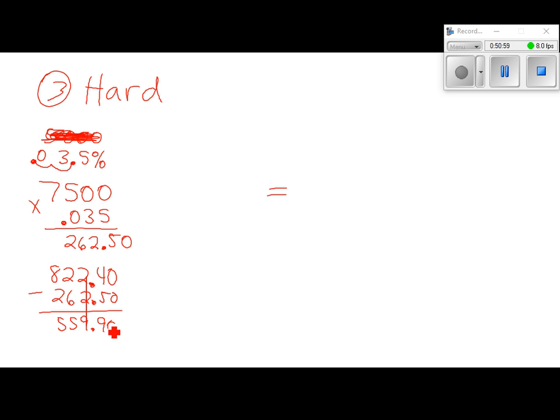So we've already paid her this commission for that first 7,500, right? We still owe her this much commission, but we are trying to figure out how much extra she sold above that 7,500. So when we did this problem in the notes, we took that number, 559.90, and we said, what was her percentage for anything over 7,500?